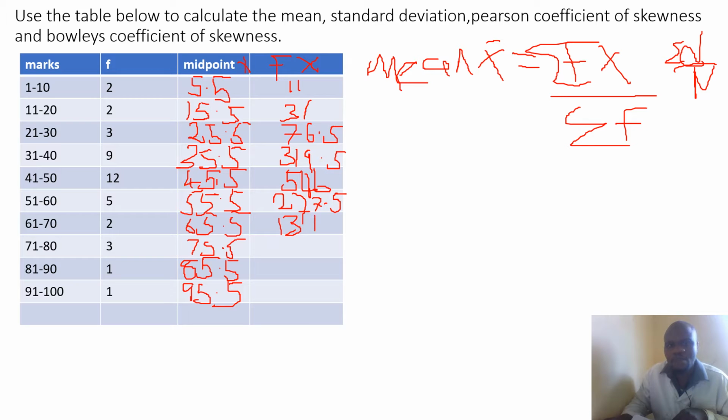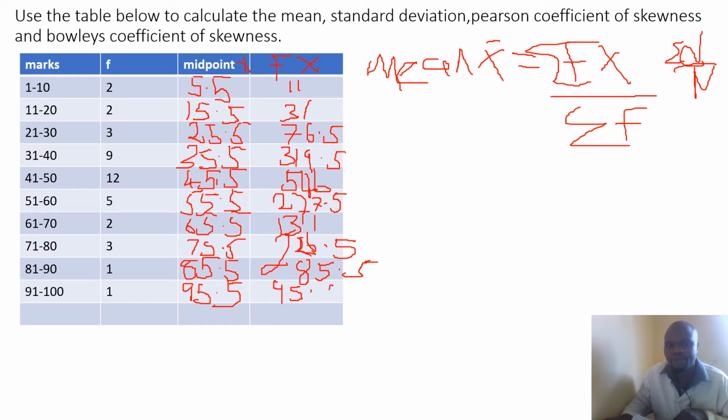And if you take 3 multiplied by 75.5, you get 226.5. And if you multiply this, you get 85.5. And then 1 multiplied by 95.5, you also get 95.5.